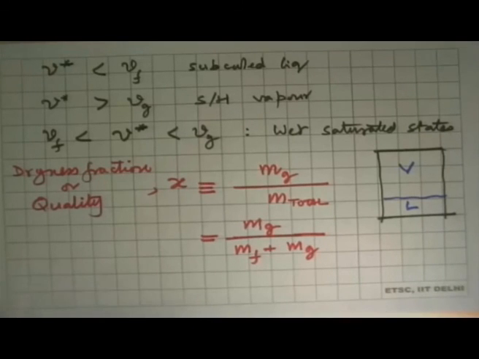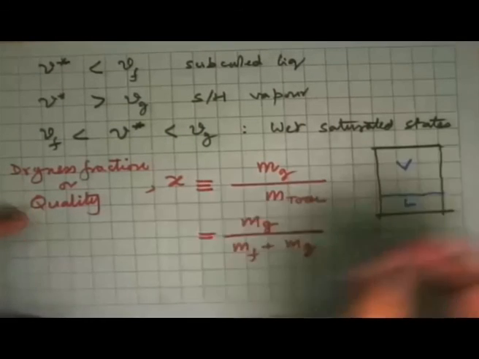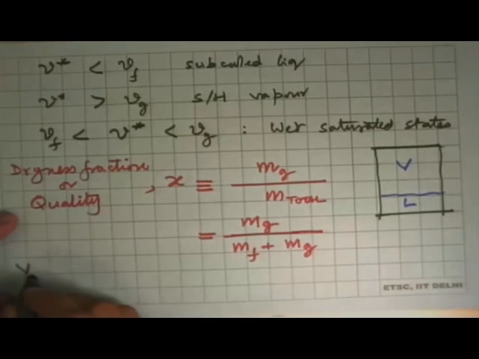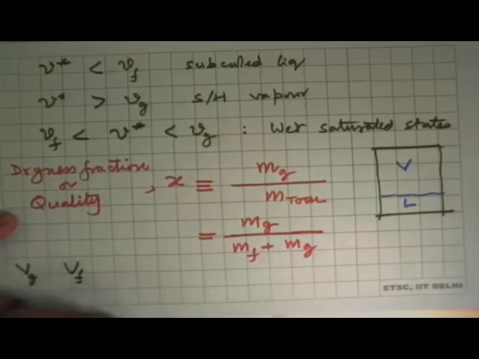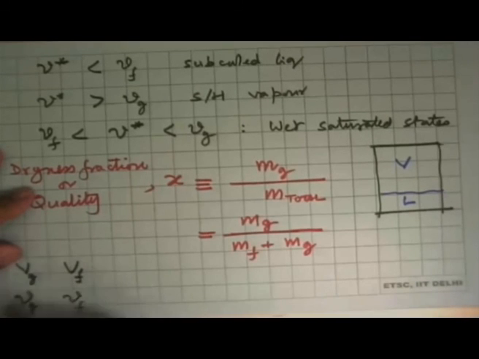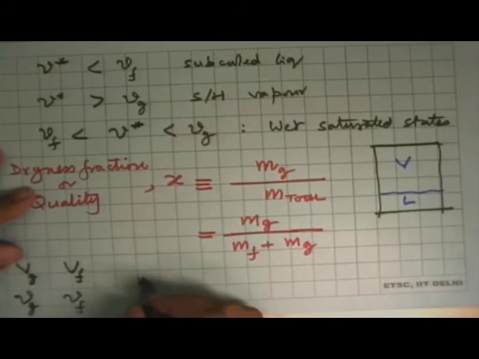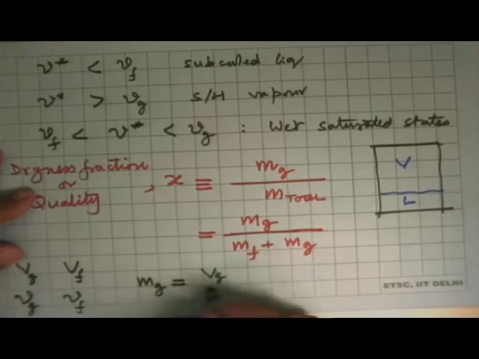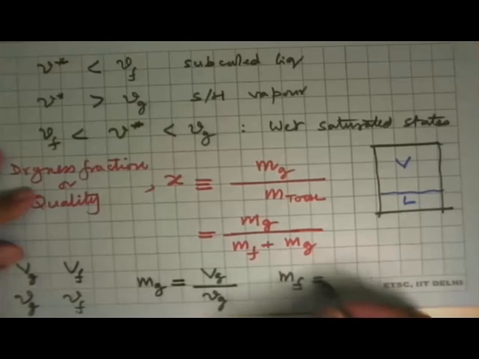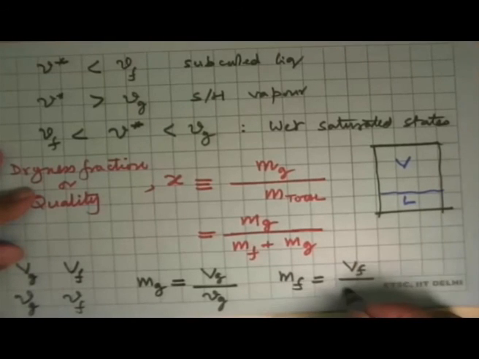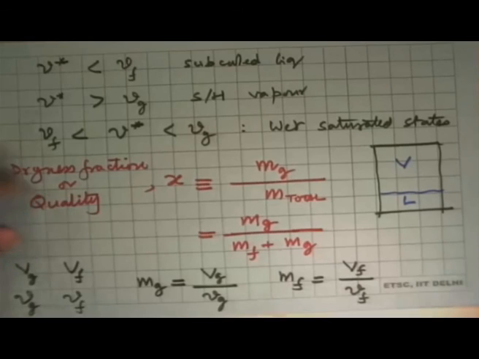The volume of the vapor is capital Vg, the volume of the liquid is capital Vf, and the specific volumes are vg and vf. By definition, mg is the volume of the gas divided by the specific volume of the gas, and mf similarly is Vf upon the specific volume of the liquid.